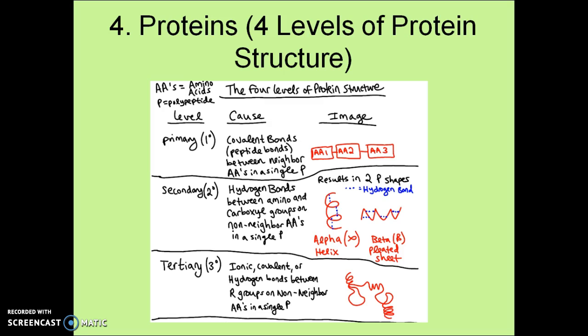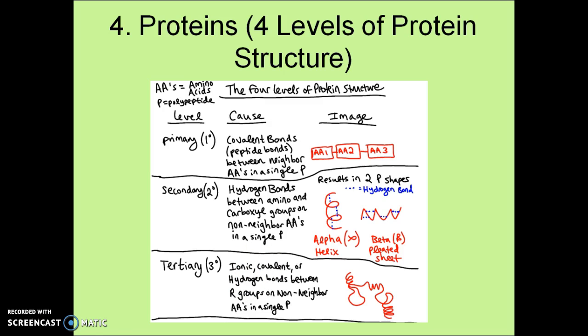The next level of protein structure is the tertiary level. This is when proteins start to get really different from one another because all of them have some alpha helices and some beta pleated sheets. But at the tertiary level, we see different types of bonds like ionic, covalent, or hydrogen bonds forming between R groups.